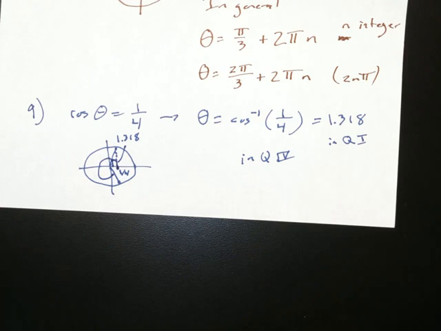How? If I add 180 degrees, I'm going to end up over here. 180 degrees makes a straight line, right? So 180 degrees would take me down into quadrant 3.